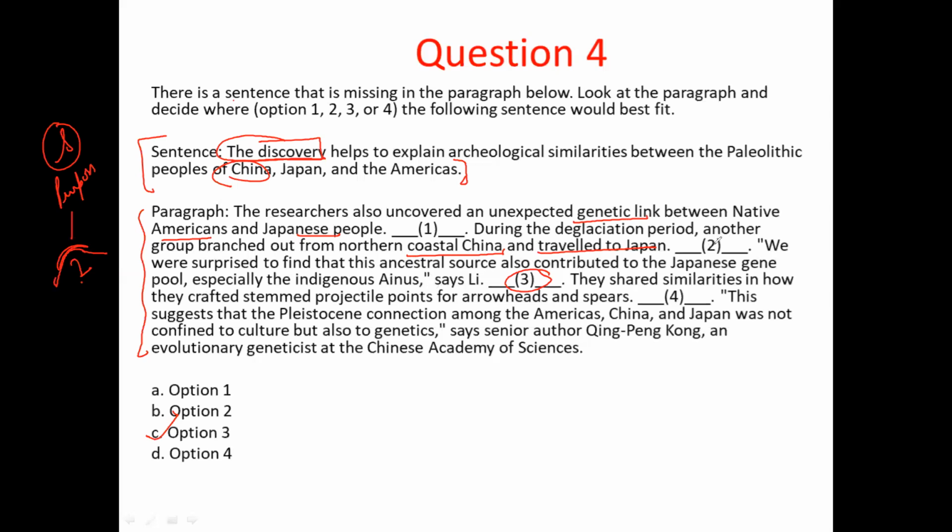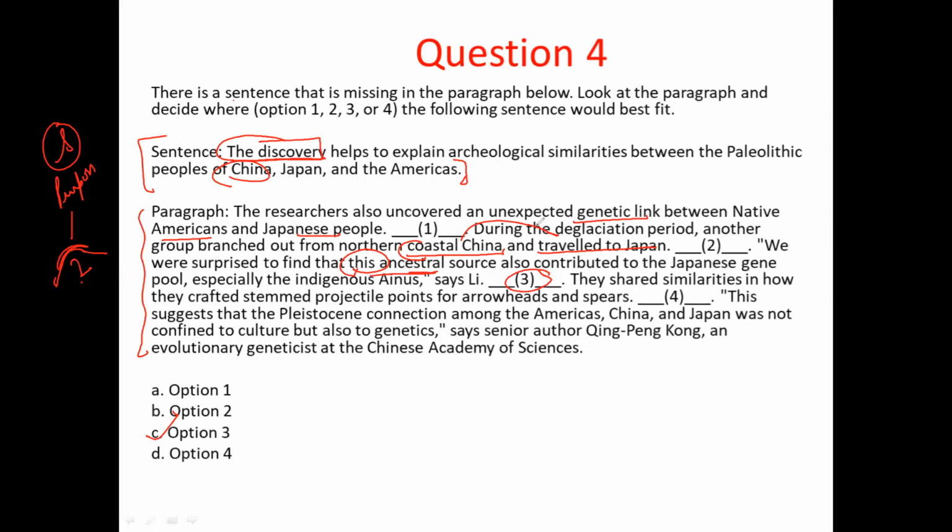So it cannot come here, because which is this ancestral source? This ancestral source is because during this deglaciation period, another group branched out from northern coastal China and traveled to Japan, right? So this ancestral source also contributed to the Japanese gene pool, especially the indigenous Ainu, says Lee.